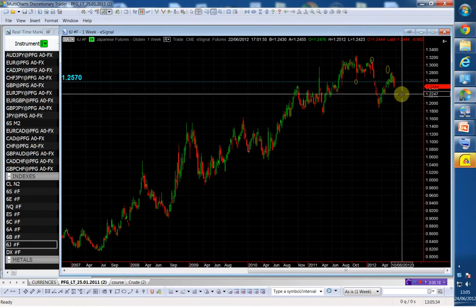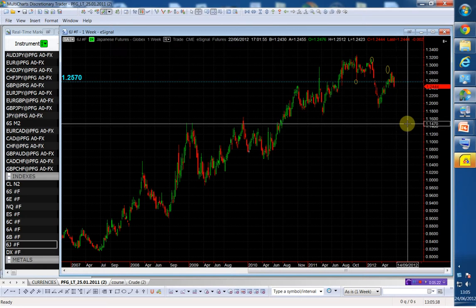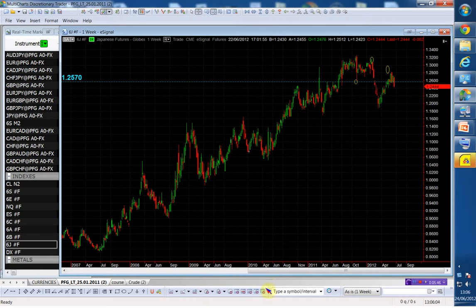And what happened last week, we actually did break below that structural point, and we have closed the week at 124.44. That is an indication that there has been a lot of selling coming into the Japanese yen, and now since it broke and closed the week below the 125.70, that would indicate continuation to the downside.